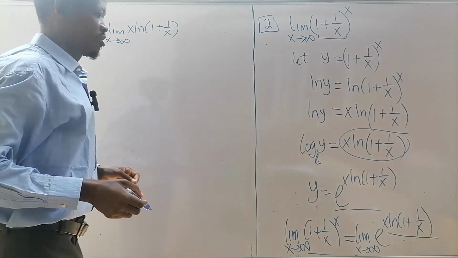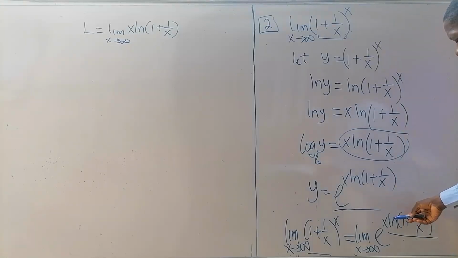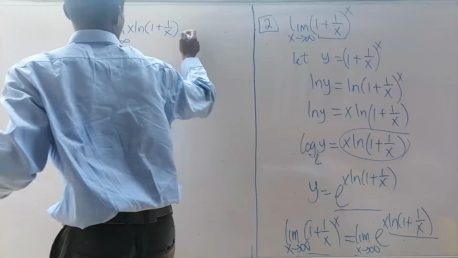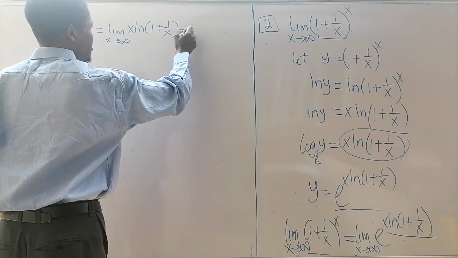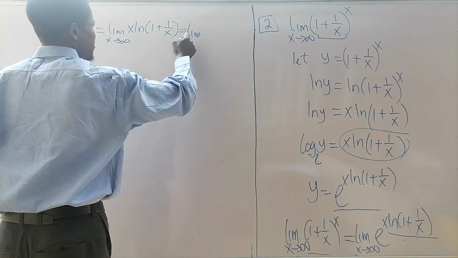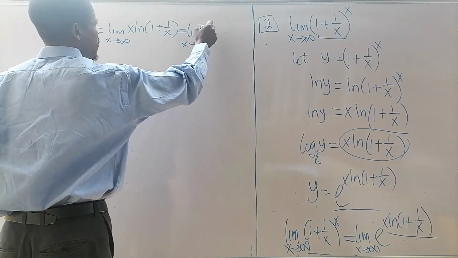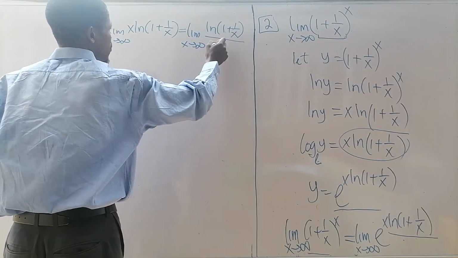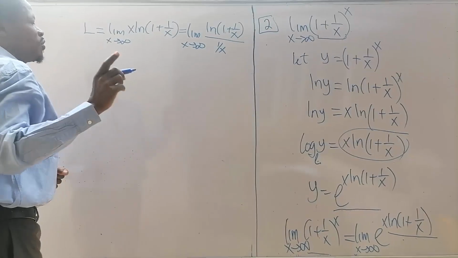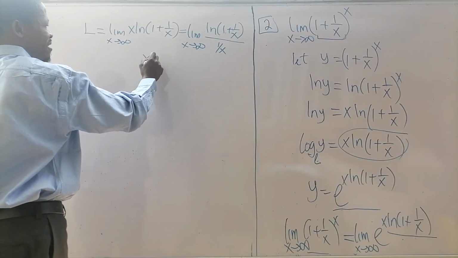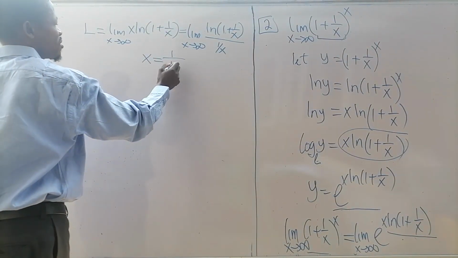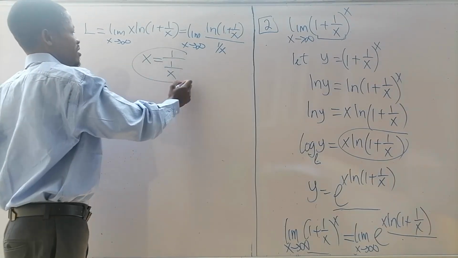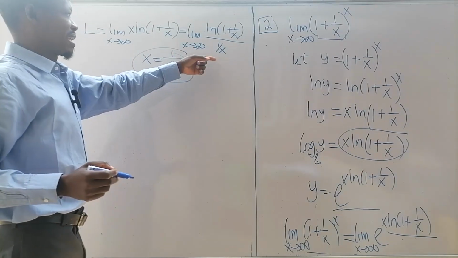What we did is to take the limit of this power, and that's what we call L. This one is the same as the limit as x tends to infinity of ln of this all over 1 over x. And don't forget that x is the same as 1 over 1 over x. If you do the algebra, it's the same thing. So that's what we have applied in this case.